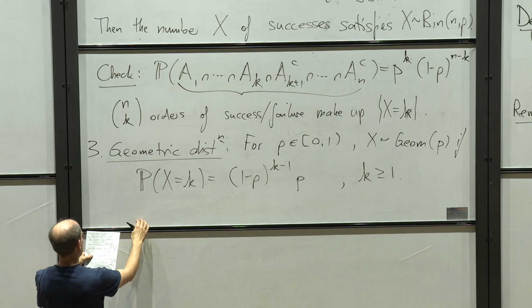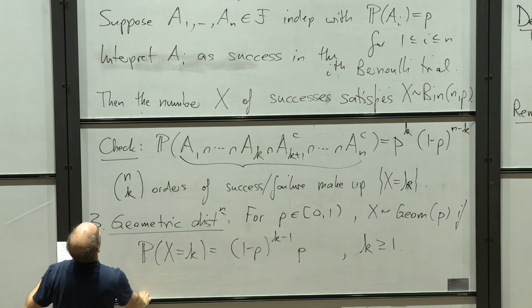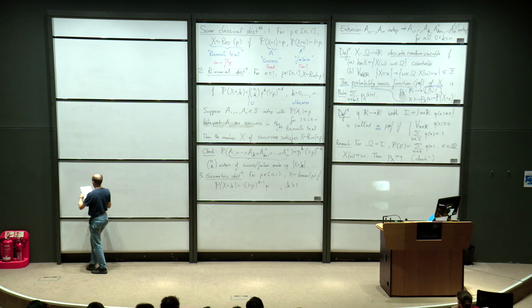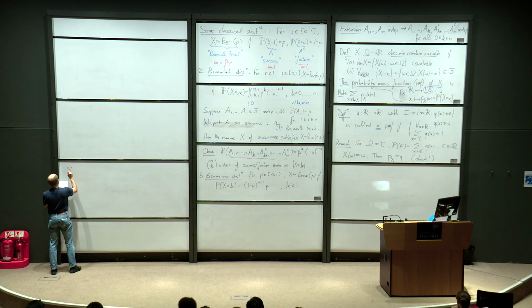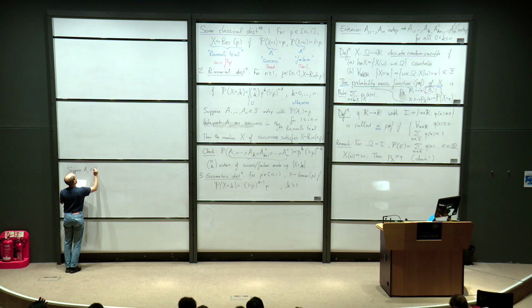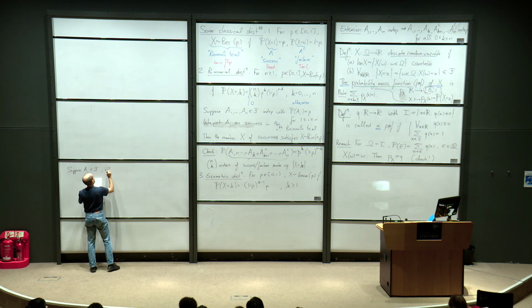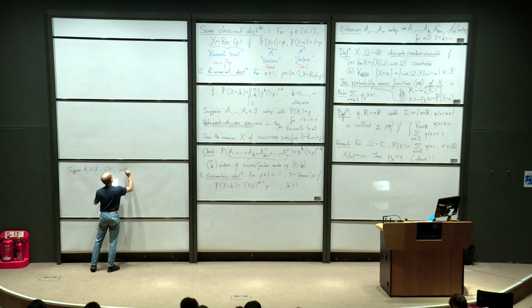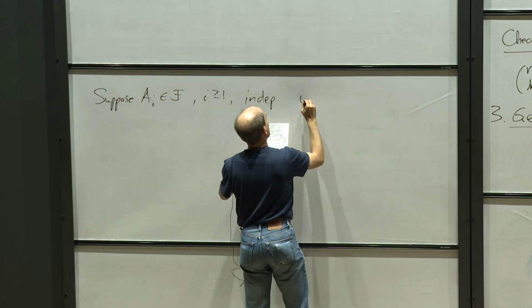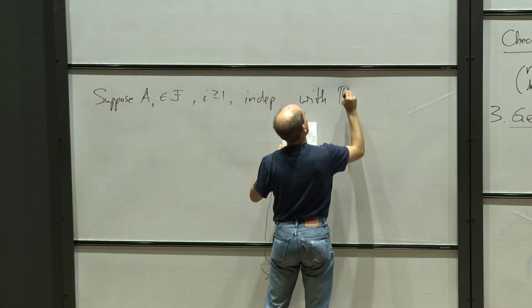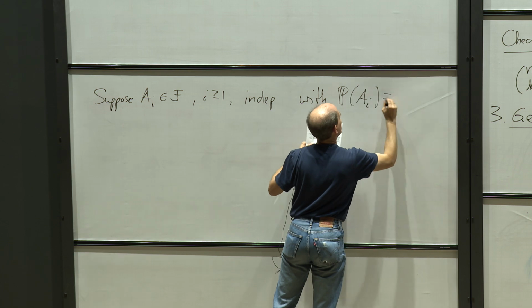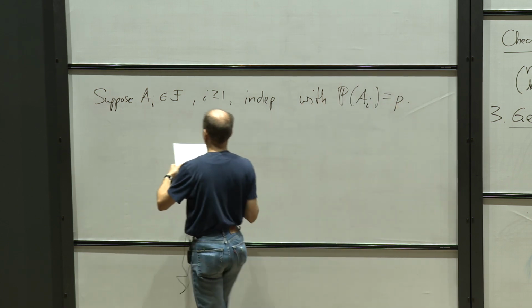Okay, and then the question of how this arises: suppose Ai in F, i greater than or equal to 1, are all independent with the probability of each of the Ai being equal to p.